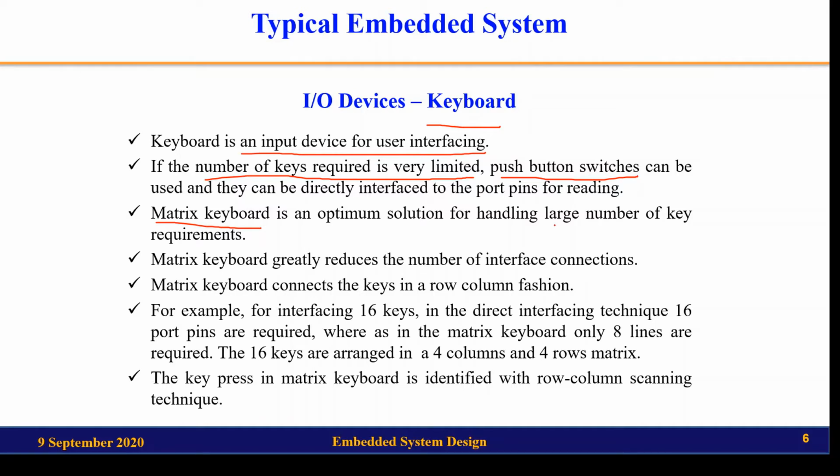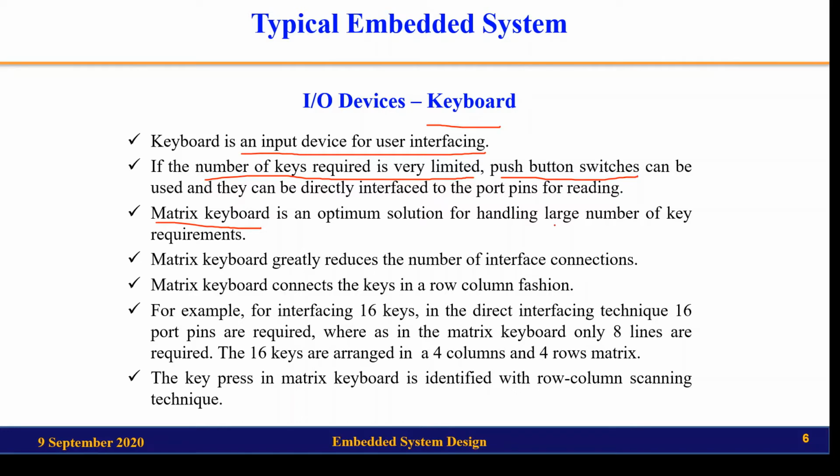That means it will be forming rows and columns. So these are the rows and columns. Each row and column intersection will be forming a key. With each row and column, you can define a key like this.